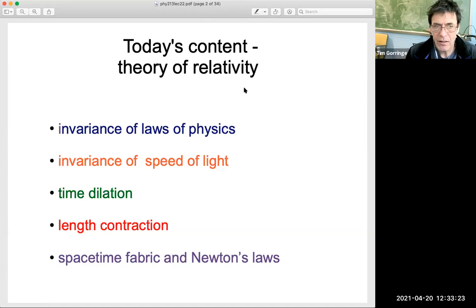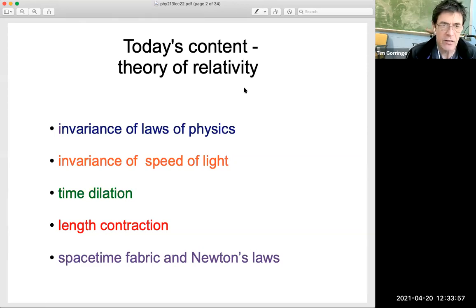In everyday common sense, the notion is that the duration of events, or time interval of events, would be agreed on by all observers. In relativity, that's not true. And so that's an important consequence of special relativity. The second one has to do with length contraction.